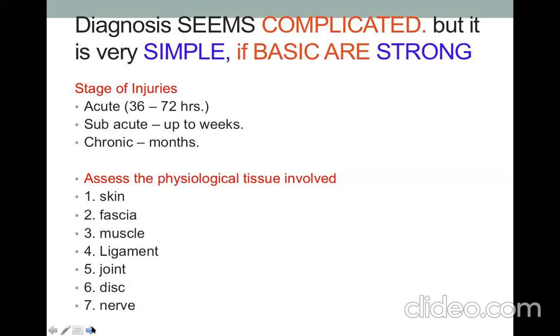In the physical therapy curriculum, we focus more on the muscles and bones, and we often neglect all the surrounding connective tissue. So the take-home message from this slide is: whenever you see any patient with lumbosacral dysfunction, try to evaluate considering all the physiological tissues in place.